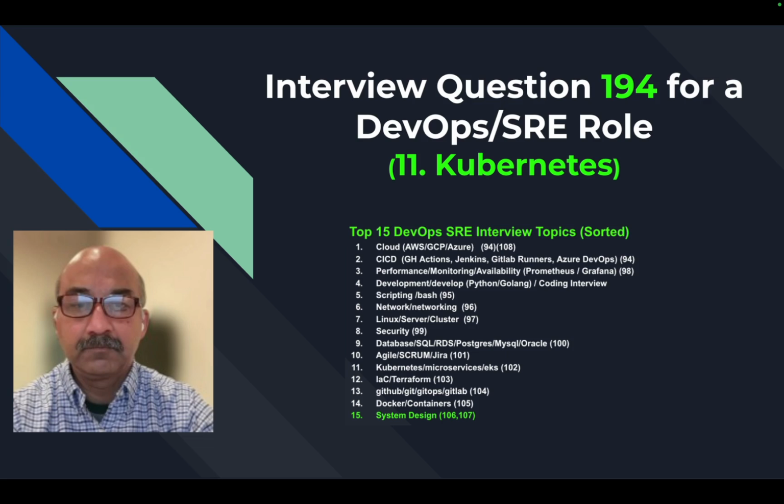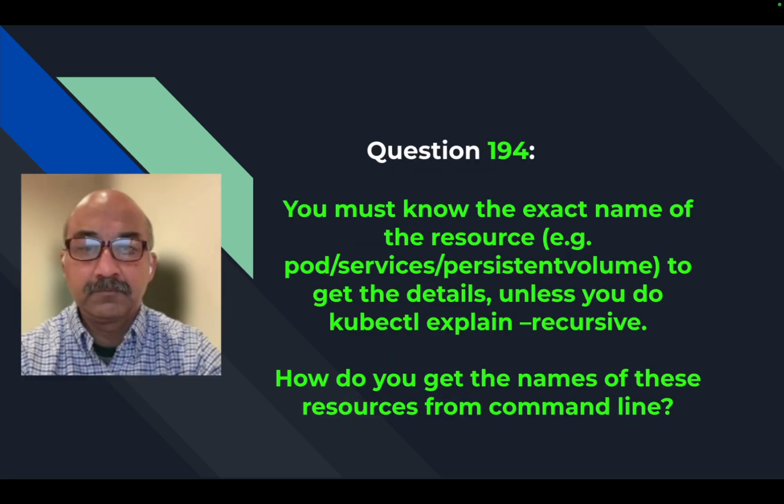Okay, today we're in topic number 11, Kubernetes, but I'm not sure why Kubernetes came up at number 11. It should be at least number 6 or 5, something like that, because Kubernetes is used by almost all DevOps orgs these days, and the topic almost always comes up in DevOps and SRE interviews. So I'm not sure why it came up at number 11, but that's my intuition.